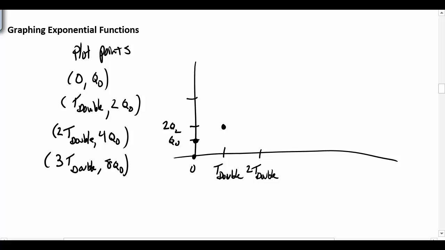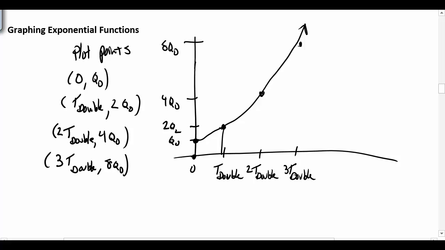And then this is going to be 4 times the initial. So I'll have another amount. And then I'll have 3 times the double. And then I'll have 8 times the initial. So there's another point. So when all is said and done, it should sort of resemble this little grid here. Now these little extra lines I just drew in are just so we can visually see how that works. And so this would be an example of exponential growth.